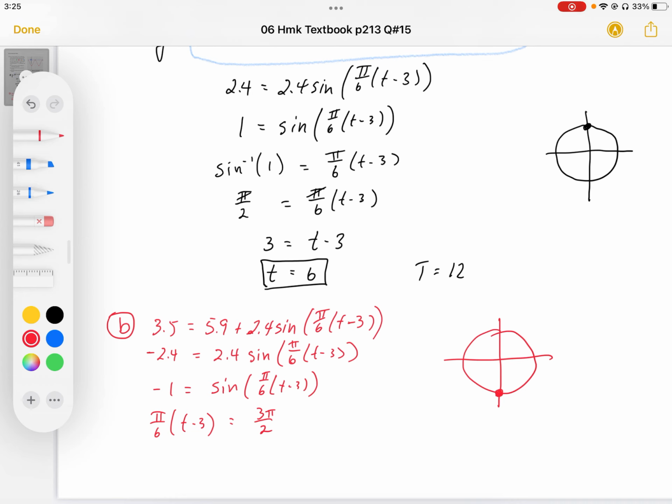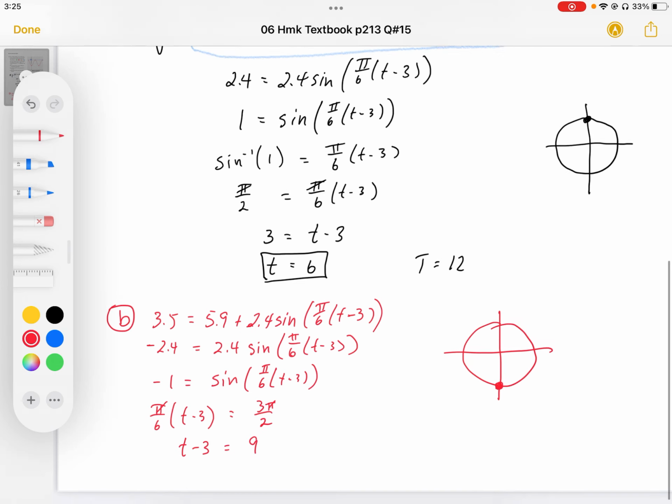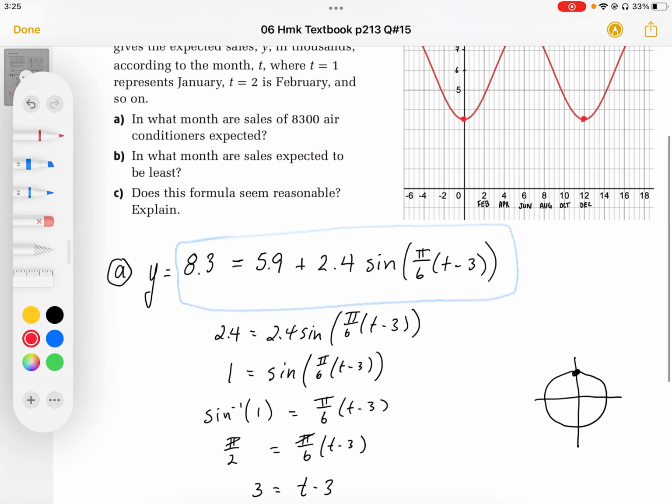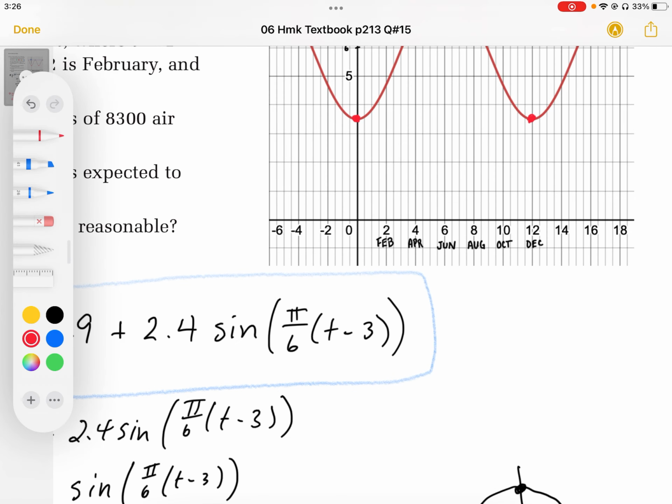And then solving for this, we're going to get rid of the pi's again. I'm going to multiply by 6, divide by 2, so I get t minus 3 is equal to 9, and we get t is equal to 12 months. And again, we can see that's happening at 12 months.